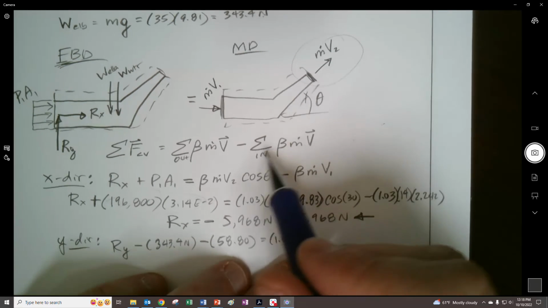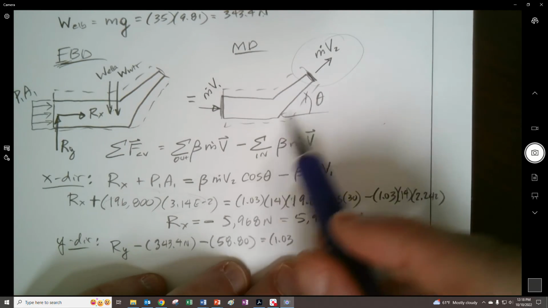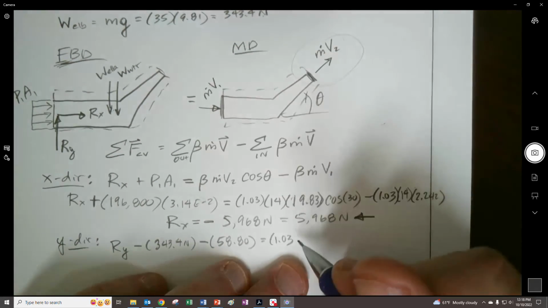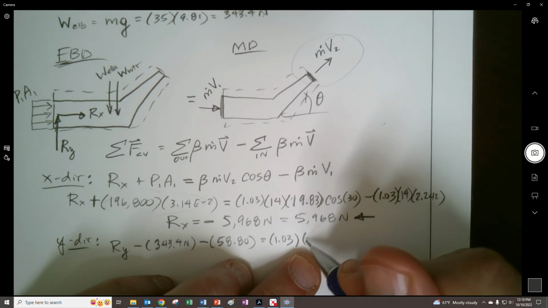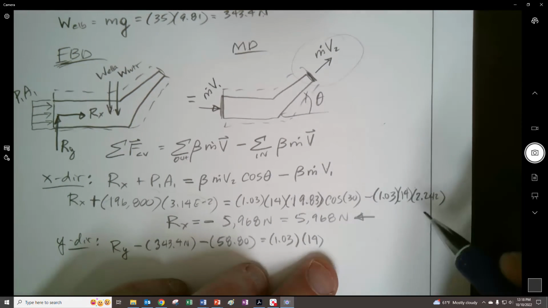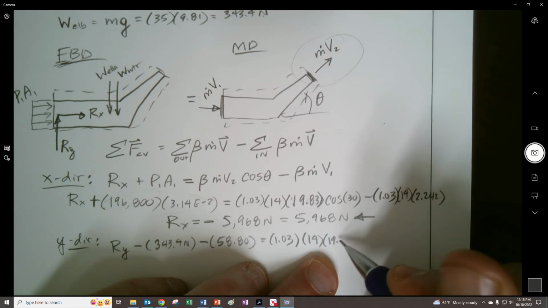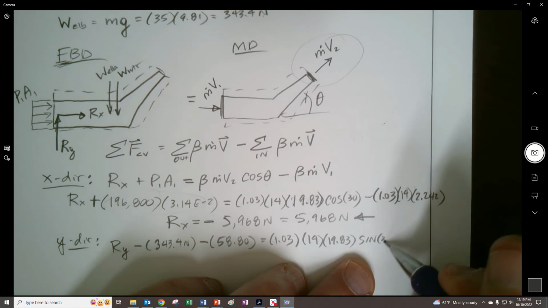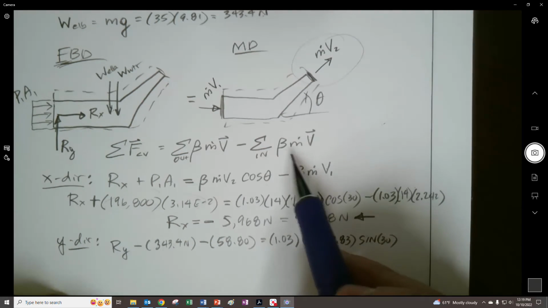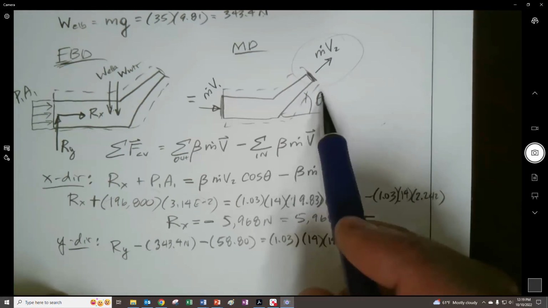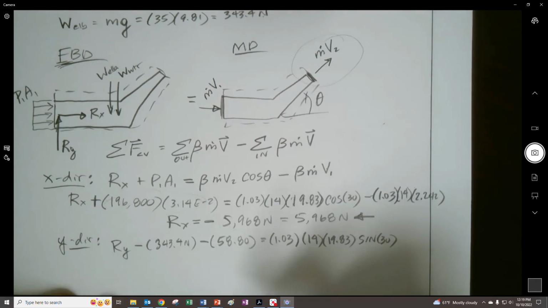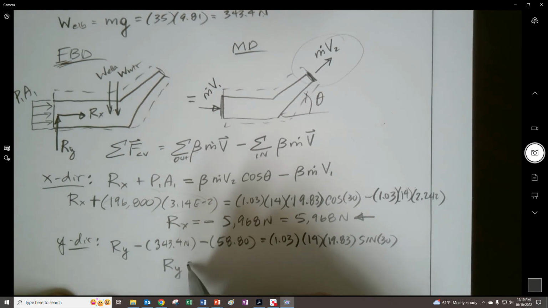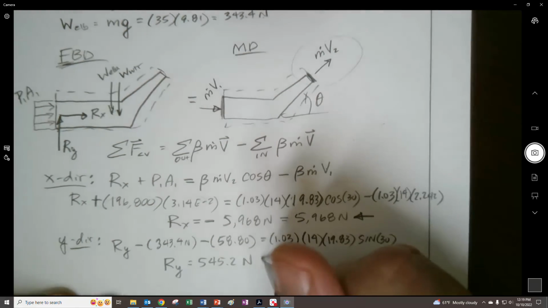And this is coming out. We only have something coming out. There's nothing in the y direction coming in. So we'll have an m dot of 14 and an outlet of 19.83. And then we're going to do the sine of 30. Right? So that's only this stuff, and it's only a certain portion of there. So we get an Ry equal to 545.2 newtons, and that's up.